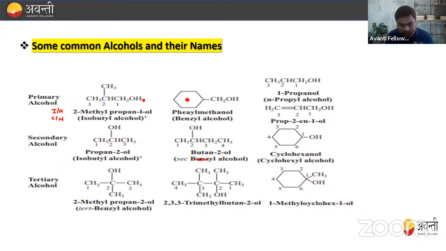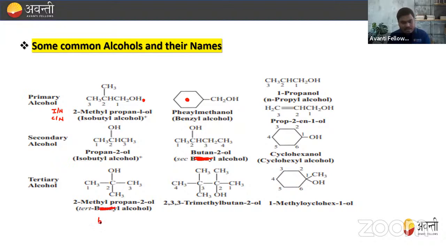This is not benzyl. Correction in this: this is not benzyl alcohol. Now, this is known as cyclohexyl alcohol. So this is how you name them. Just remember some common names of secondary alcohols, primary alcohols, and tertiary alcohols. On the similar basis, this is tert-butyl.